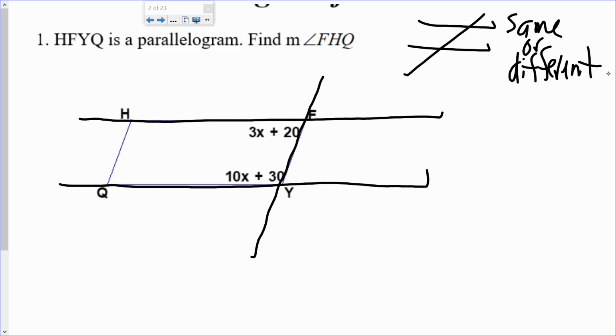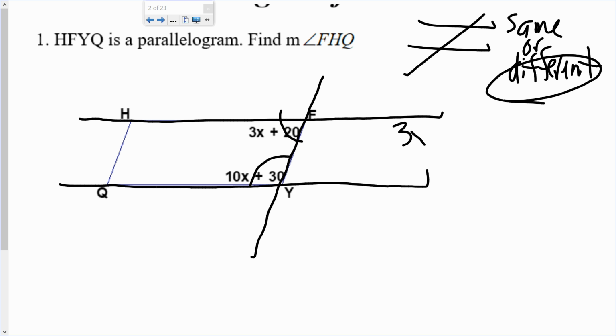If the angles are the same, by same, I mean both acute or both obtuse, they're going to be equal. If they're different, and by different, I mean one acute, one obtuse, then they add to 180. So, acute, obtuse, they're different, so they're going to add to equal 180.